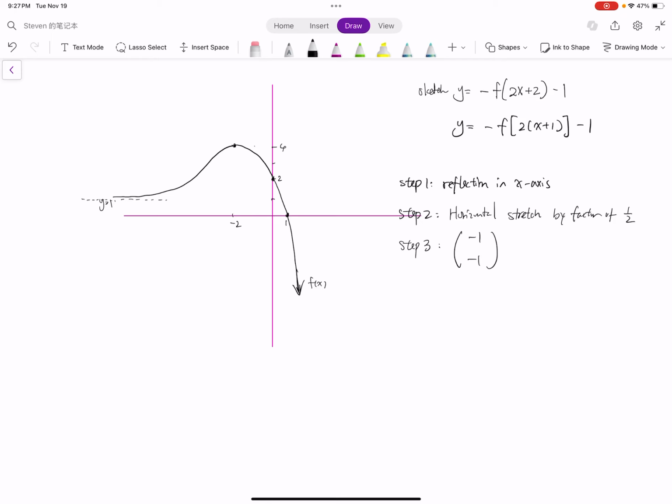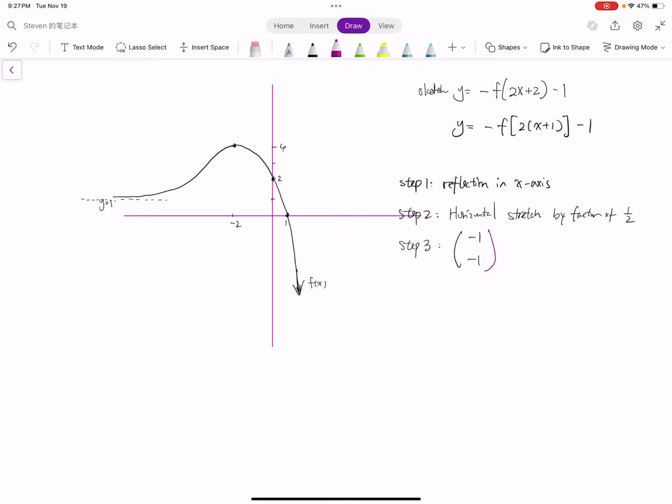And then we have to apply these 3 steps of transformation to the given points, as well as the horizontal asymptote. So remember, there are 4 pieces of information here that need to be transformed. So let's write down the 4 pieces.